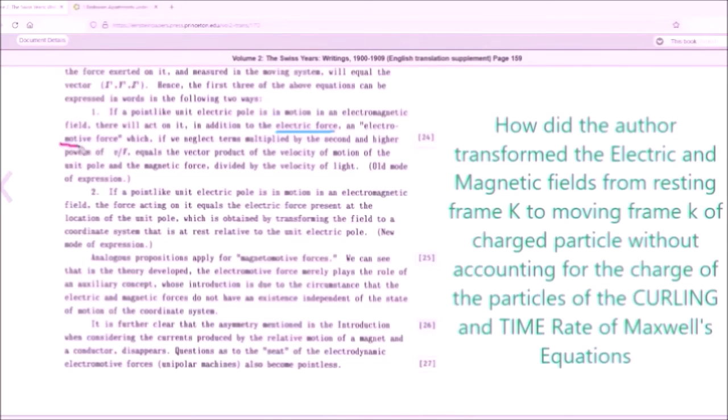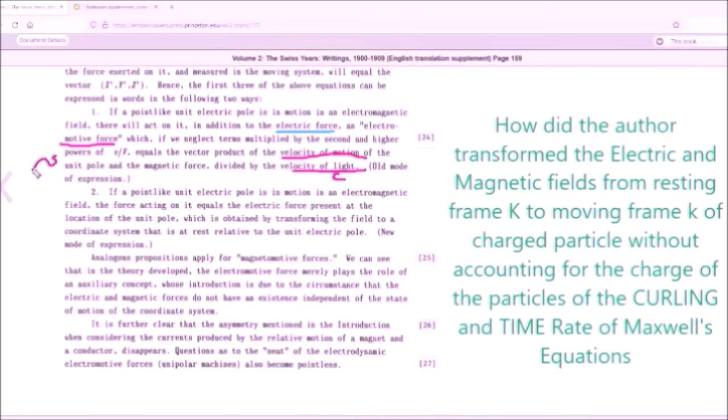There will be an electromotive force, which, if we neglect terms multiplied by the second and the higher powers of V, the ratio of V by the speed of light, that electromotive force equals the vector product of the velocity of motion of the unit ball, which is a small v, and the magnetic force, which is capital M, capital N, capital L, divided by the velocity of light c, or capital V. That is the old mode of expression.